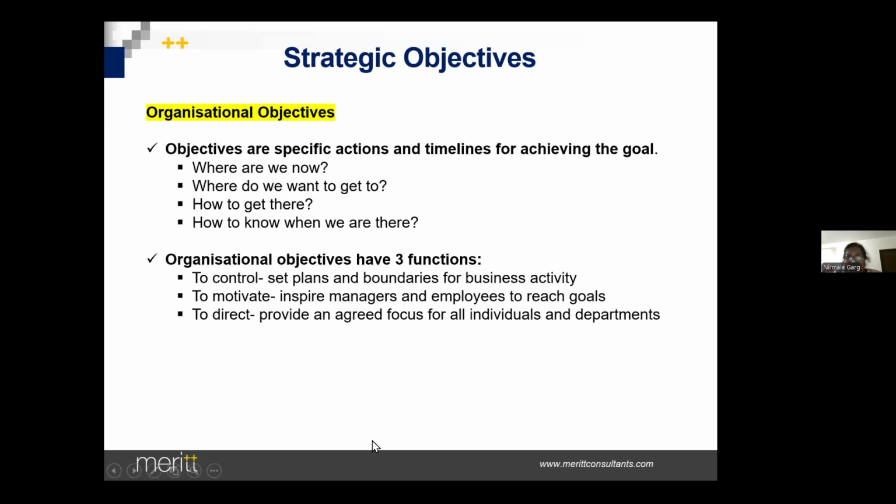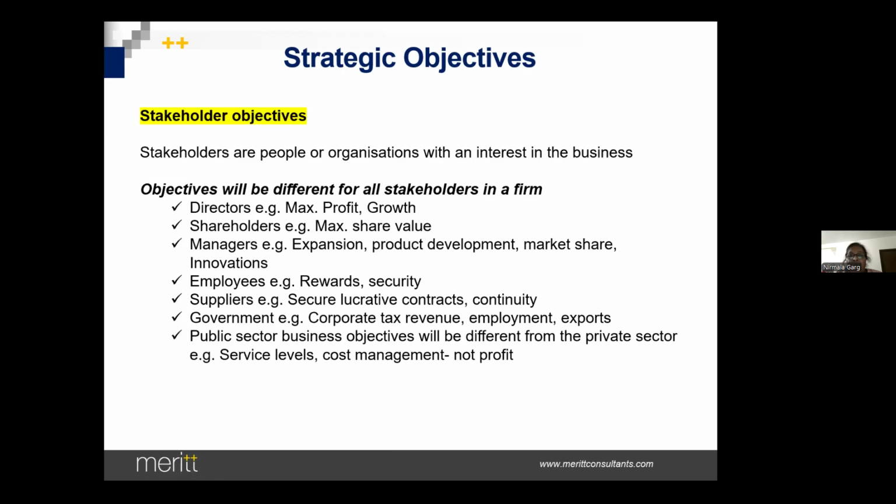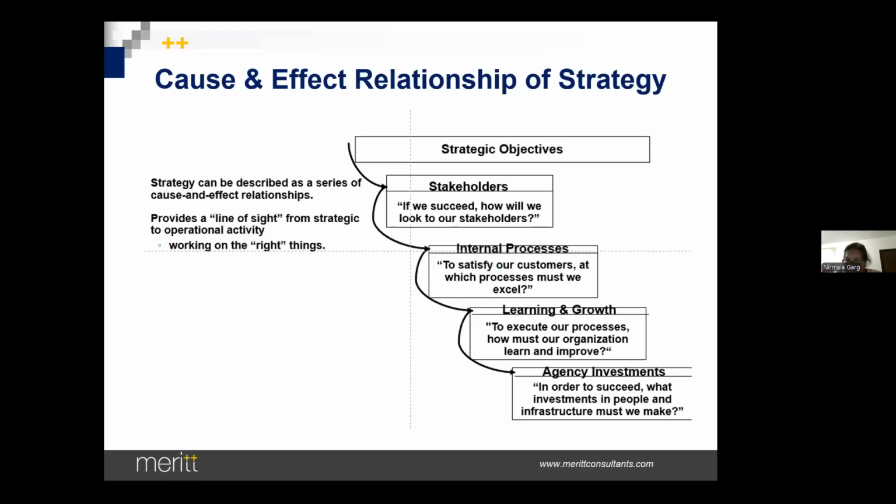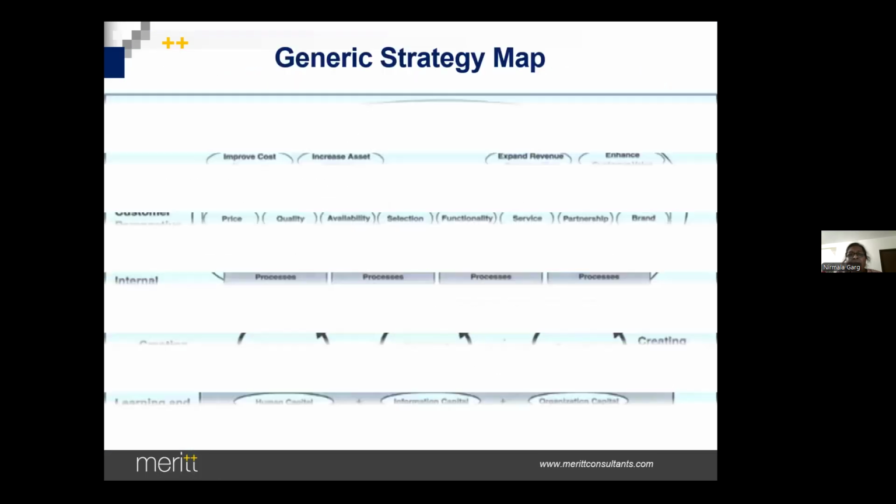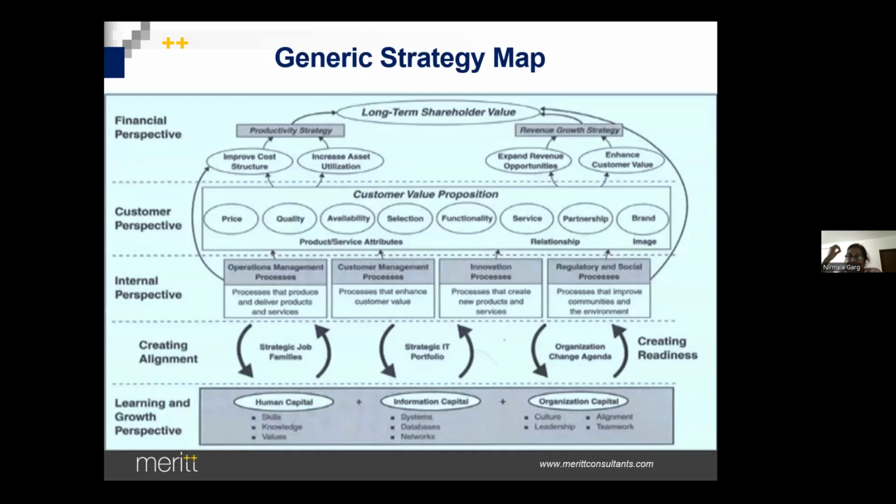I want to take you all to Kaplan, Robert Kaplan. So they did the balanced scorecard. It only had these four perspectives with objectives, measures, targets, initiatives.